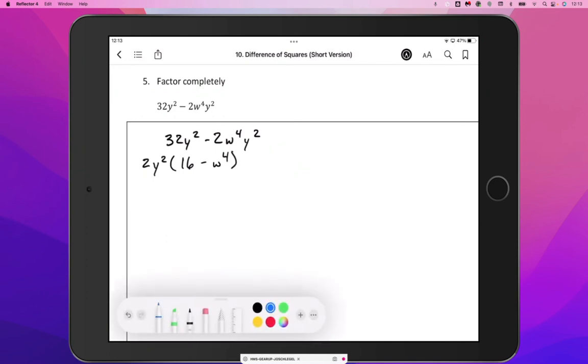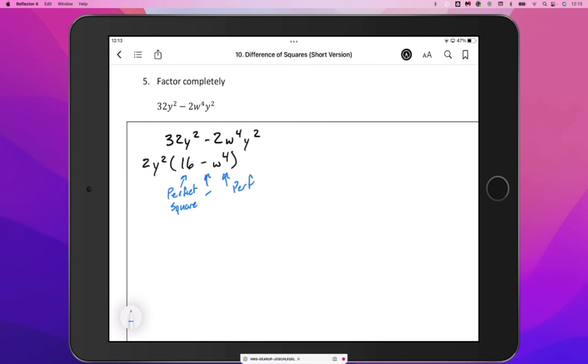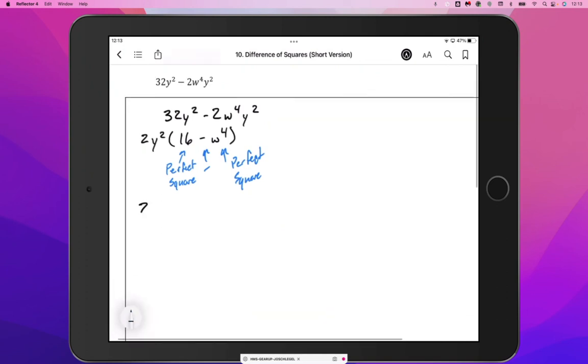Now, as we've done in the past, I see that that's a perfect square. That's a minus sign. And that's a perfect square. So we can jump straight to the Mickey Mouse ears.